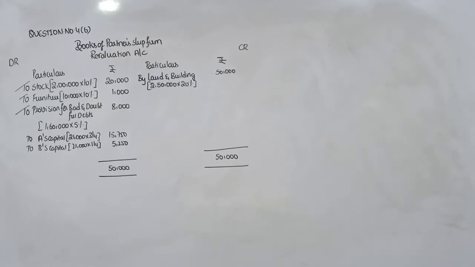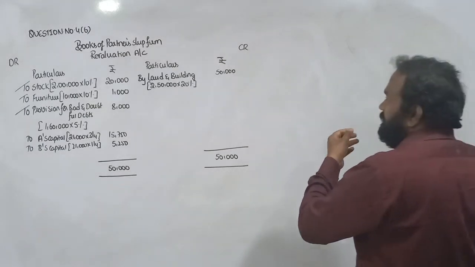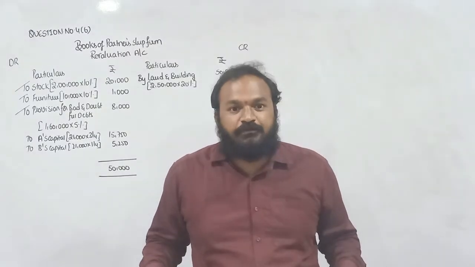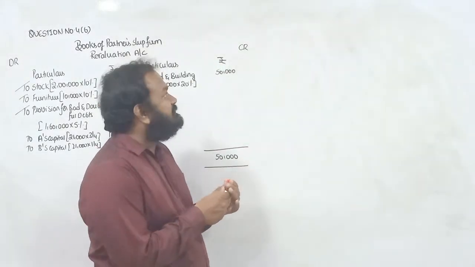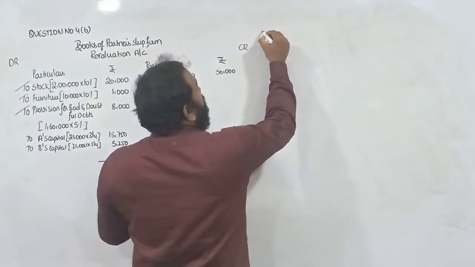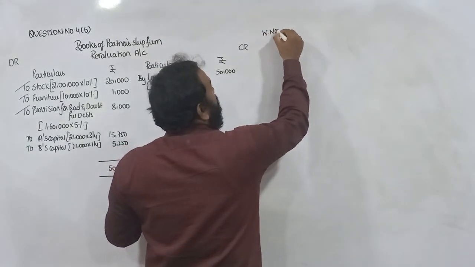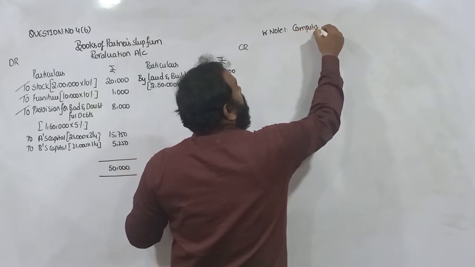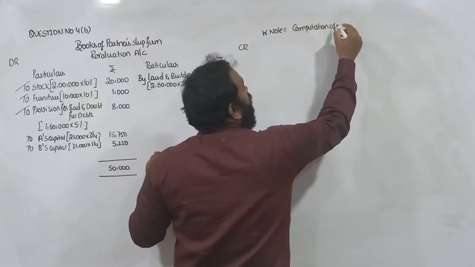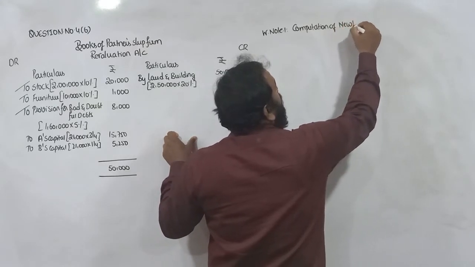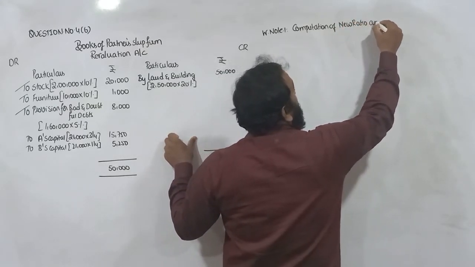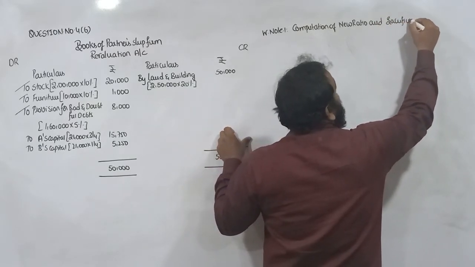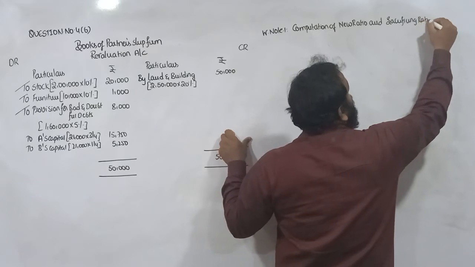Okay, so before preparing the final part of the answer, called capital accounts, we'll go for computation of new ratio as well as sacrificing ratio. So working note number 1, computation of new ratio and sacrificing ratio.